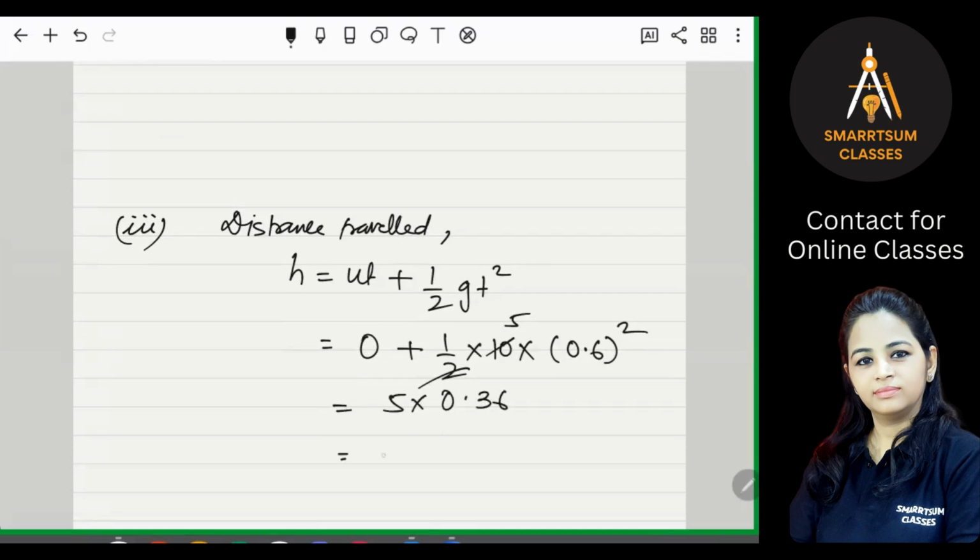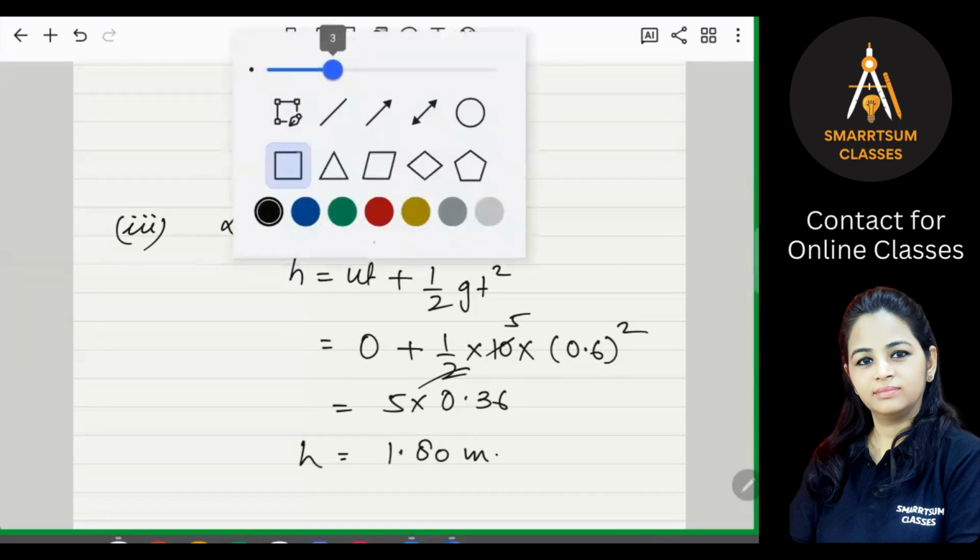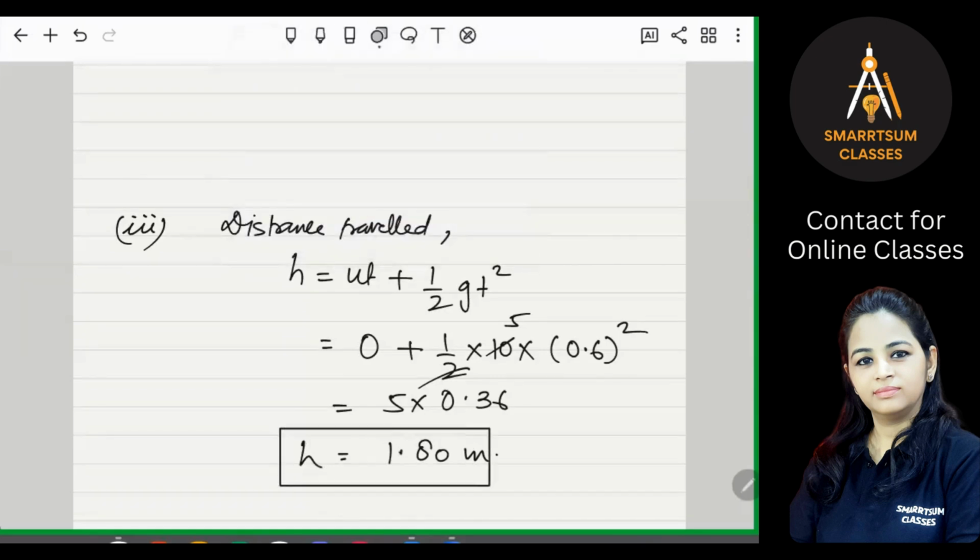Multiplying, this will be around 1.80 meters. So what is the height of the ledge? 1.80 meters. This is the height of the ledge from where it starts falling, so this is the distance traveled by the car, from the point from where it is falling till the ground.